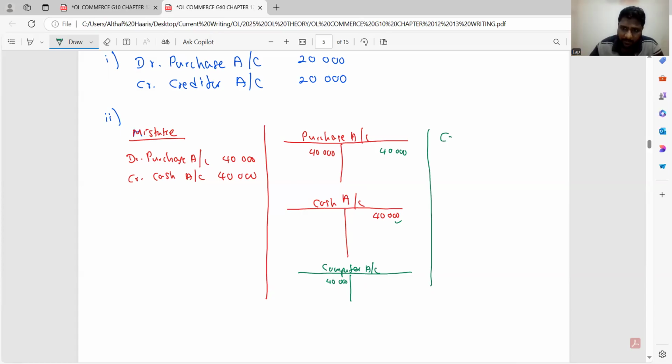Then correction: debit the computer account, credit the purchase account, 40,000.